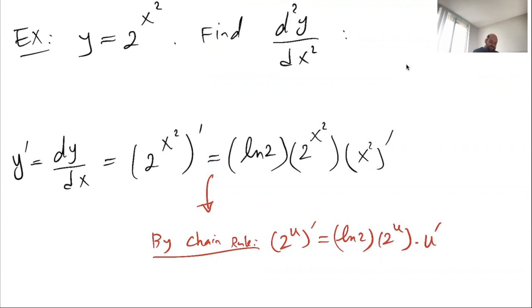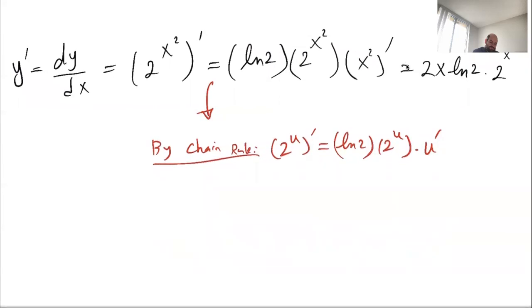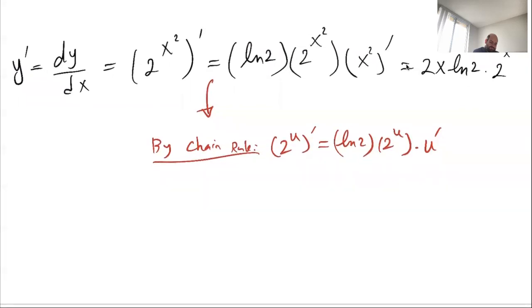The derivative of x squared is 2x. So this is 2x ln2 times 2 to power x squared. Okay, so this is the derivative of y.